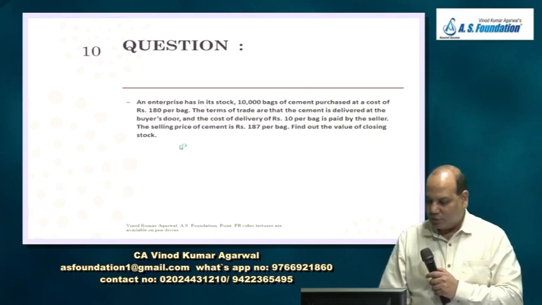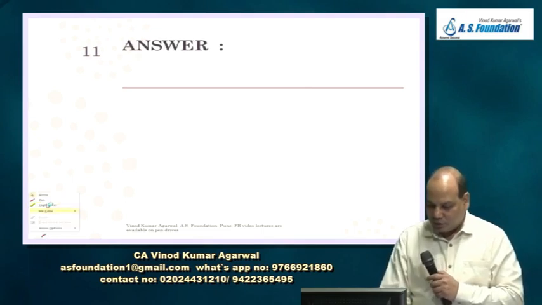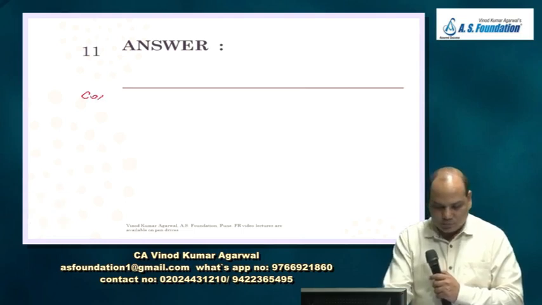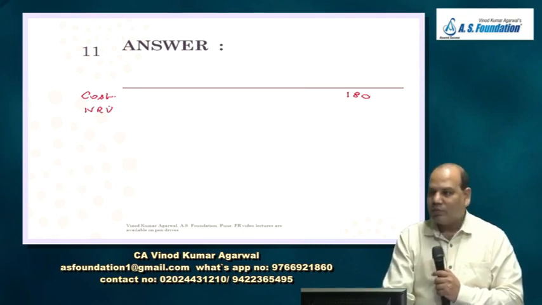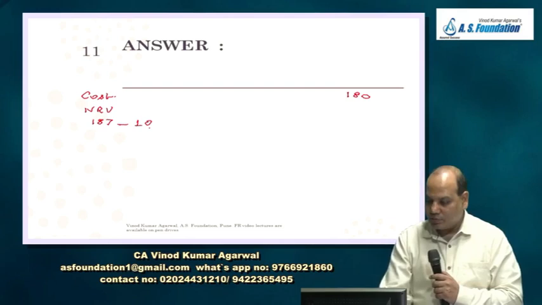So how do you find out the value of the closing inventory in this case? First, I need to find out what is the cost. Cost is 180. Then I need to find out what is the NRV. So what is the selling price in the normal course of business? 187. What is the cost of delivery? 10 rupees.